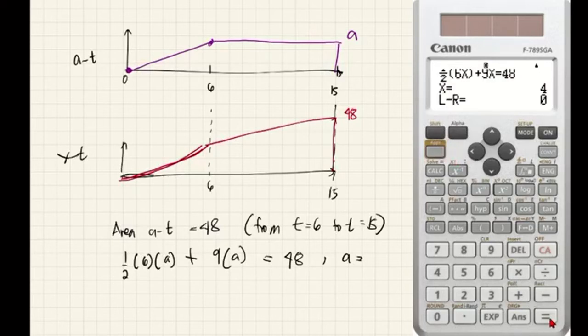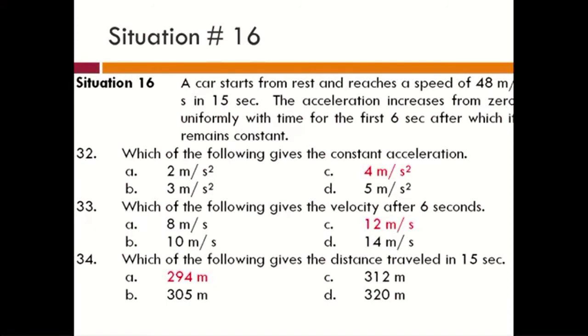So, bale, 4 ito. Pwede natin burahin yan. And write this, 4 and 4. Yung ba yung sagot? And number 32 answer is C, 4 meters per second squared.